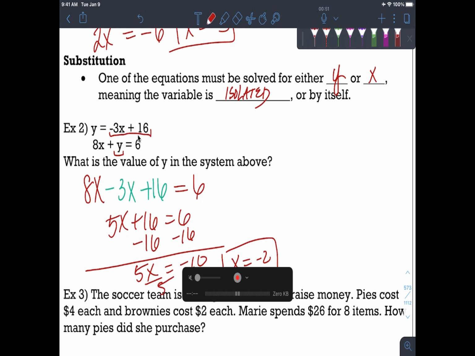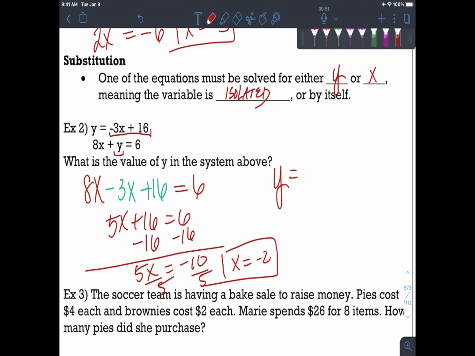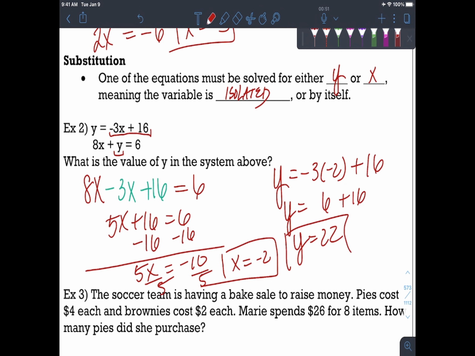So when choosing between these two equations, I'm going to choose the one that already has y solved, because I can just plug it in and get a y value without having to rearrange or do any extra math. I'm just simplifying, okay? So y equals negative 3 times negative 2 plus 16. So the answer they were looking for was y equals 22.